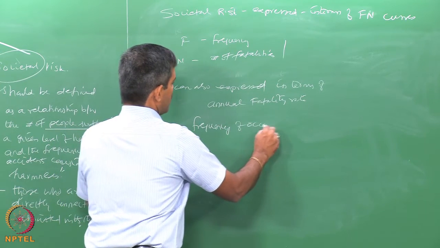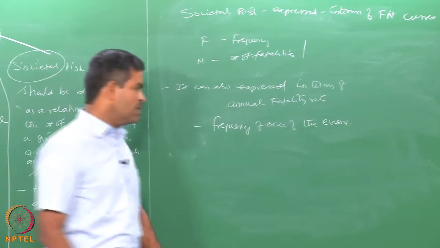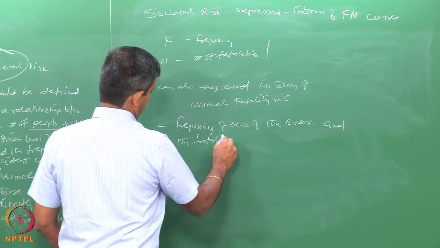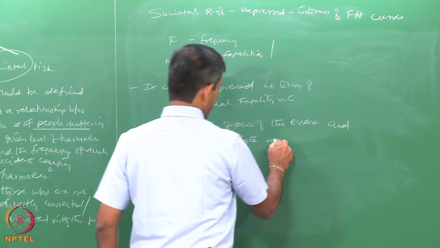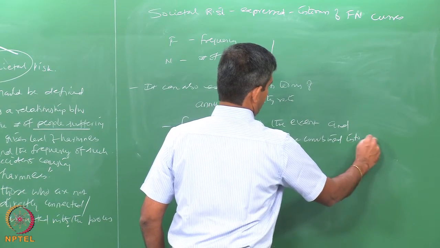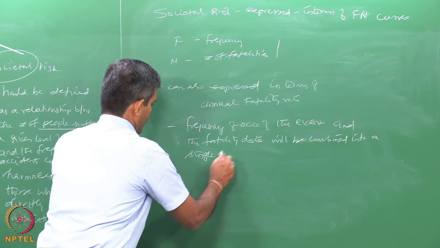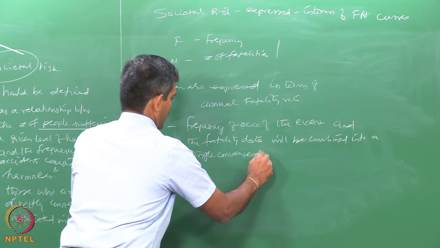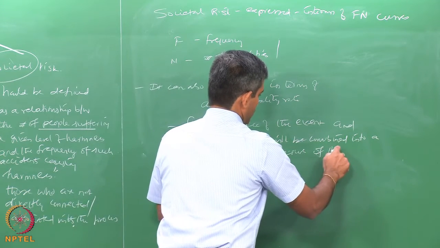The frequency of occurrence of the event and the fatality data will be combined into a single convenient measure of the group.